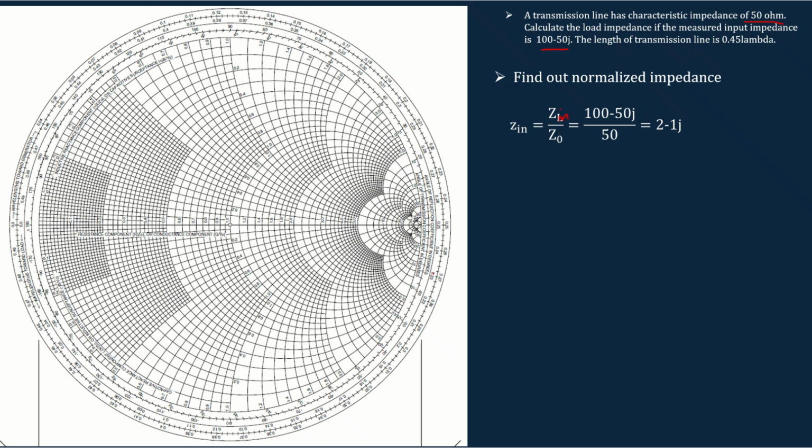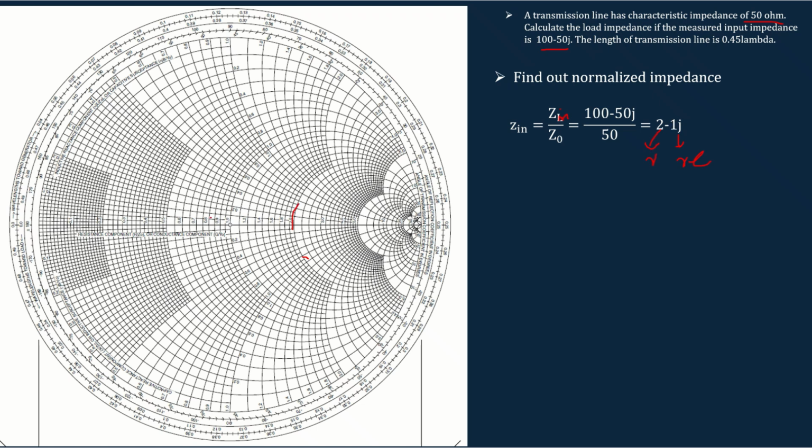Now I have to mark that input impedance on the Smith chart. The real part will be my resistance and the imaginary part will be my reactance. So I have to find the constant resistance circle. Here you can see 1.6, 1.8, 2, so 2 is my constant resistance circle, this one, and my reactance is minus 1j.